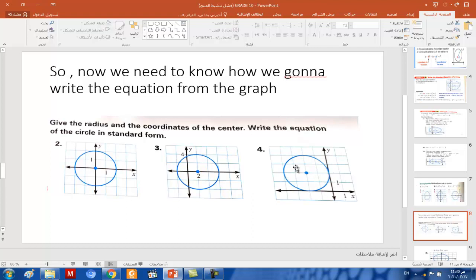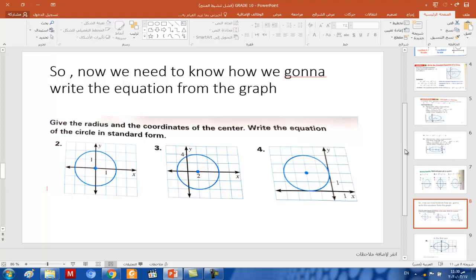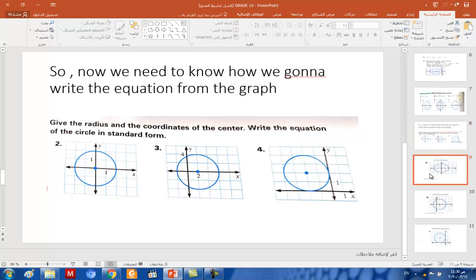So the center point is negative 2 and 2, and the radius is 2 units. So we're going to say each one individually to understand each one.